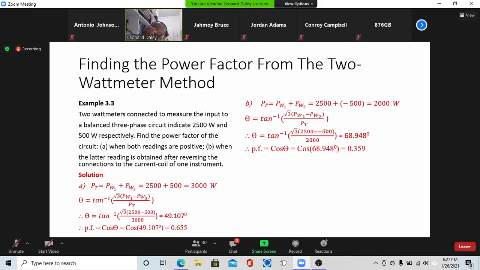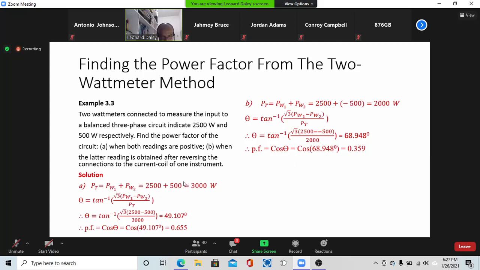Some of you may be familiar that sometimes when you're reading the wattmeter, you might see the needle deflect towards the left, like it's trying to go below 0. And if you flick the reverse switch, then you get a positive reading. So that's what part B is saying. When they flick the reverse switch, it got 500 in part B.